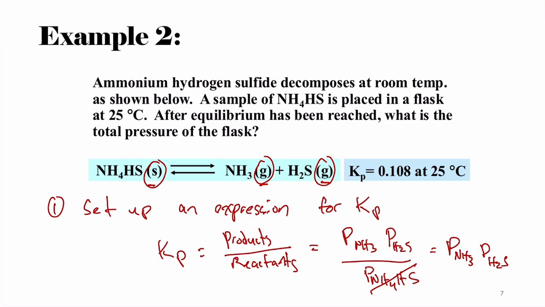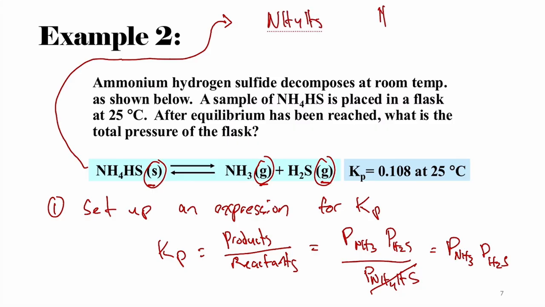We don't have to set up an ice table, but if we did, we start off with some amount of NH4HS, NH3, H2S. How much do we start off initially of each of our gases? We just put ammonium hydrogen sulfide in a container and let it decompose. All right, so how much do we start off initially with?